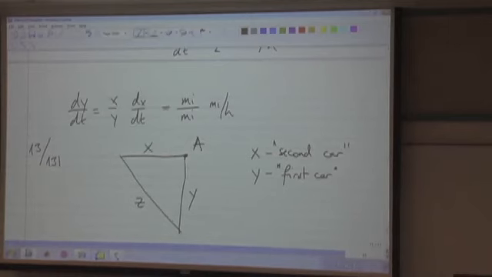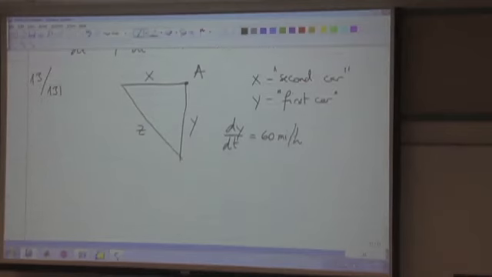One travels south at 60 miles per hour. What does that mean as far as my diagram over here? dy over dt is equal to 60 miles per hour, right? Also, dx over dt is equal to 25 miles per hour.